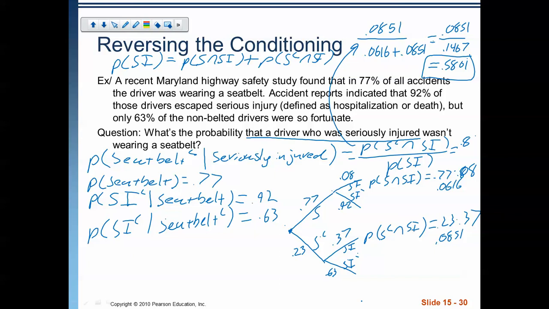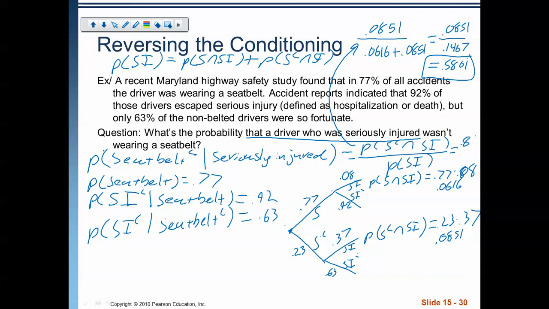So let's take a minute here and do a quick review of what we did. The first thing I would do is find out what you need to know. Use your notation to find out what you need to know. In this case, what's the probability that a driver who was seriously injured wasn't wearing a seatbelt?